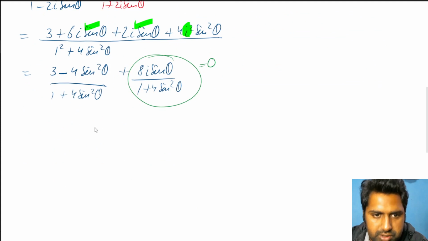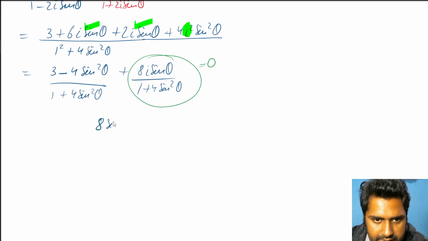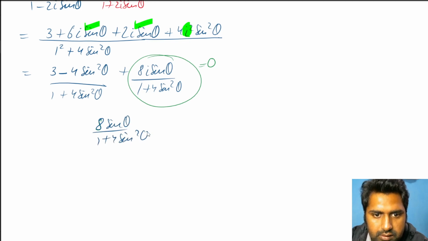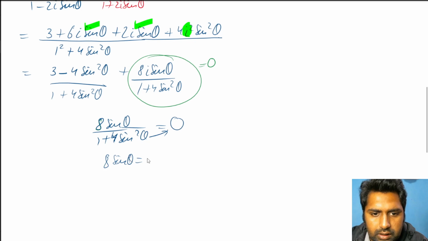That means this part should be 0. So basically 8 sine theta upon 1 plus 4 sine square theta should be 0. So denominator, take it here, because it can never be 0, so multiply this, so you'll get 8 sine theta is 0. Now that gives you sine theta is 0.